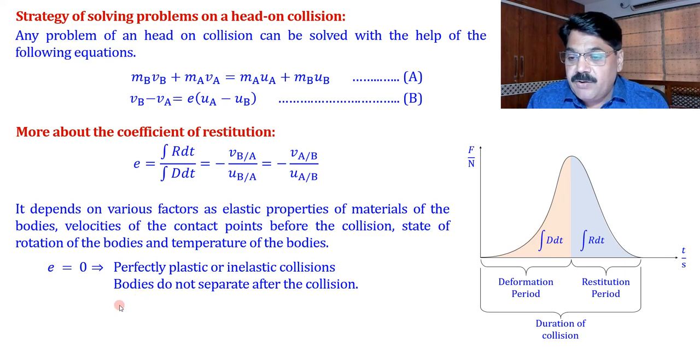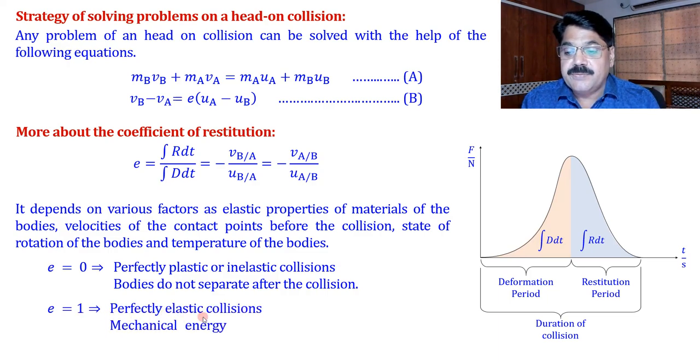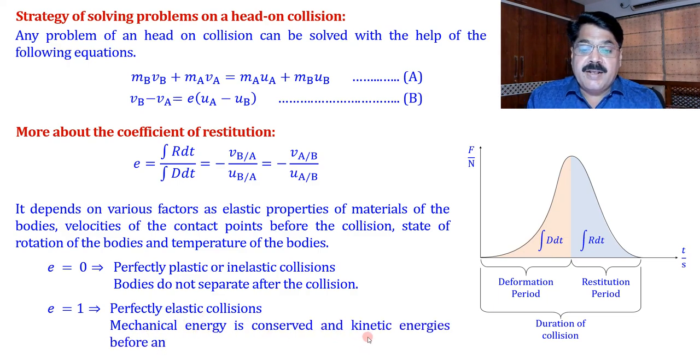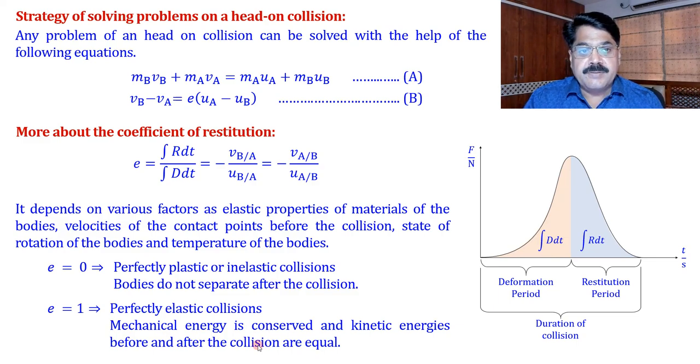And the extreme value of E, that is E is equal to 1. This kind of collision is called a perfectly elastic collision. Here, mechanical energy is conserved and kinetic energies before and after the collision are equal. So in a perfectly elastic collision, there is no loss of mechanical energy. Why do we call the initial kinetic energy equal to final?